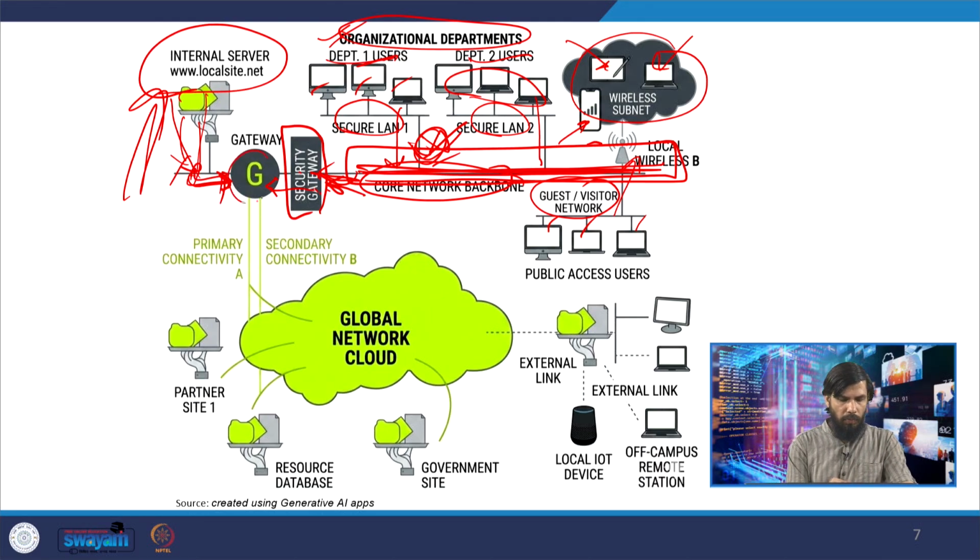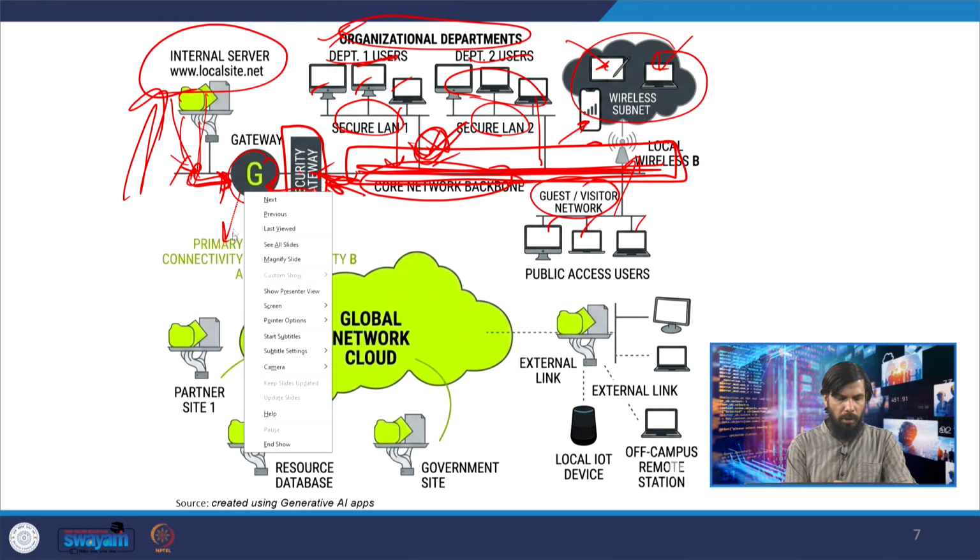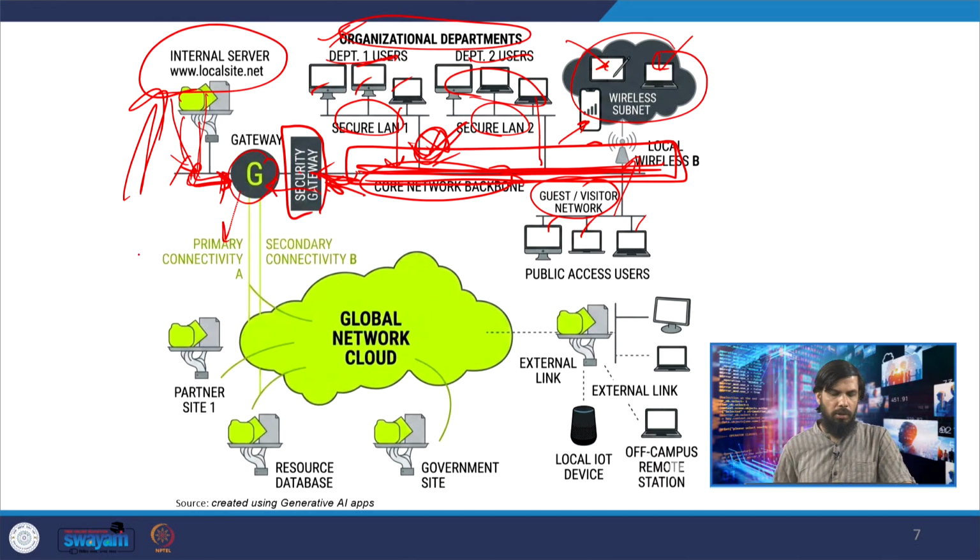Now, from this gateway, organizations typically do their own risk management for internet connections. So, they generally take services of more than one ISP. The primary connectivity might be ISP 1, and the secondary connectivity might be ISP 2, right.